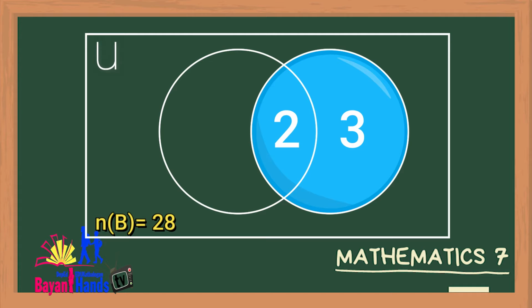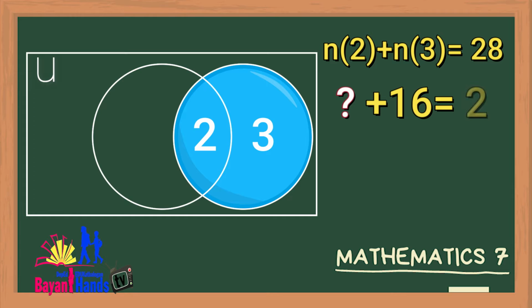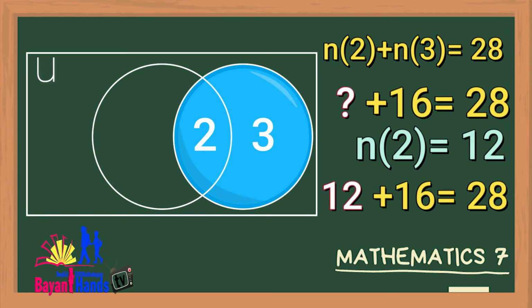That goes to show that sections 2 plus 3 is 28. Since section 3 is 16, then we have section 2 plus 16 is 28. And what is that number when added to 16 gives 28? Correct, 12. Therefore, section 2 equal to 12 plus section 3 equal to 16 is equal to set B equal to 28.